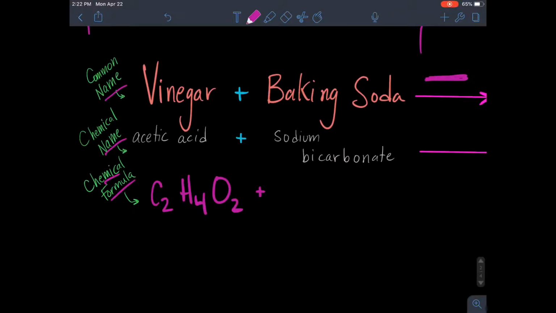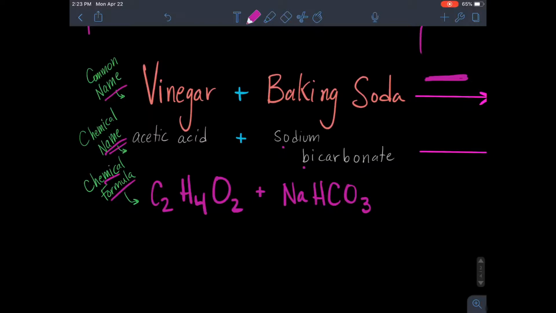When we add that to baking soda, the chemical name of baking soda is sodium bicarbonate. The chemical formula for sodium bicarbonate is Na, which is sodium, and then HCO3. So there's a sodium, hydrogen, carbon, and 3 oxygens.